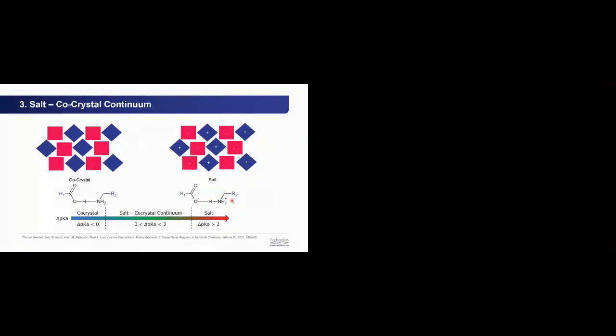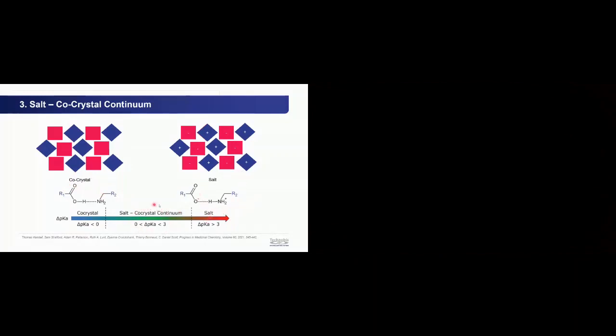And a good indicator from the outset of what might be formed, a co-crystal or salt, is the difference in the pKa's of the active and the co-former or counterion. So where we have a case of the delta pKa being less than 0, we have potential for forming a co-crystal. Where we have it greater than 3, we're more likely to form a salt.